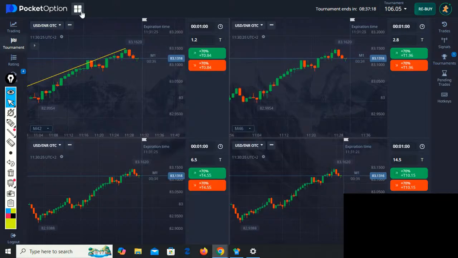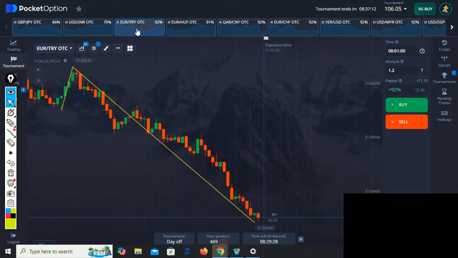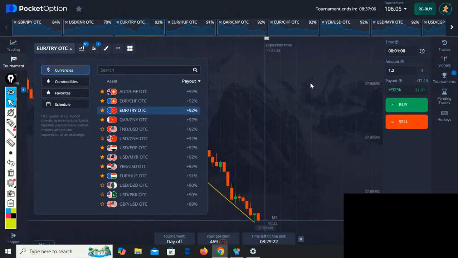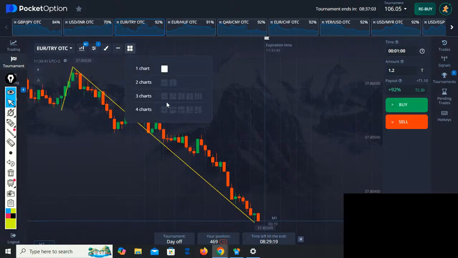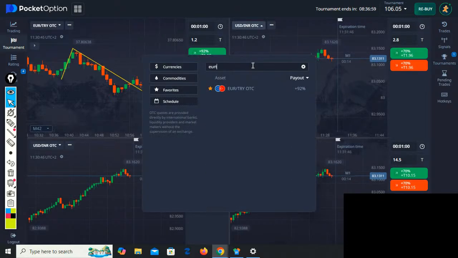Let's go back to one chart so we can see what's going on. This is beautiful, the Euro Turkish. Let's move to the four charts. Let's switch all those to the Euro Turkish.